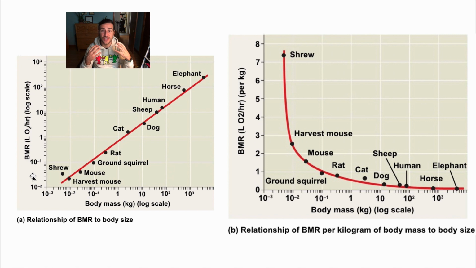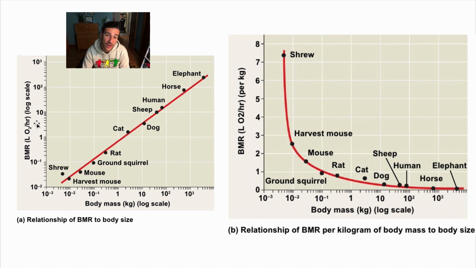How much oxygen you're taking, the volume of oxygen your body requires, is a great indicator of metabolism. As you start to run, you breathe heavier because your cells need more oxygen to carry out work to create ATP to allow muscle contractions. So as you run, metabolism goes up. The liters of oxygen per hour is going to go up, right?